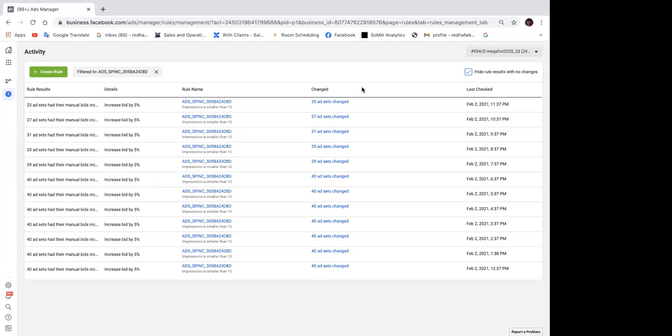The other 15 have not achieved the minimum. Let us think. 25 ad sets increased their bid by 5% because their impressions for that day were less than 10. Then what happened with the other 15?